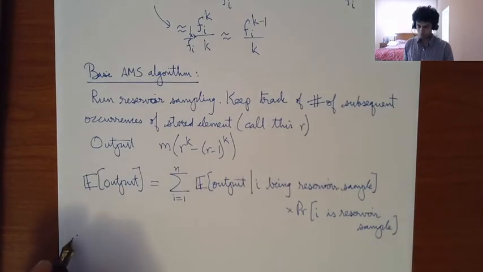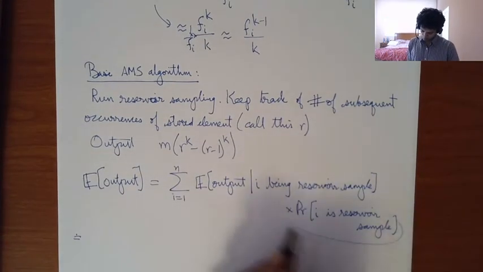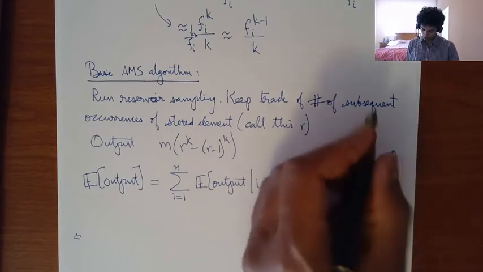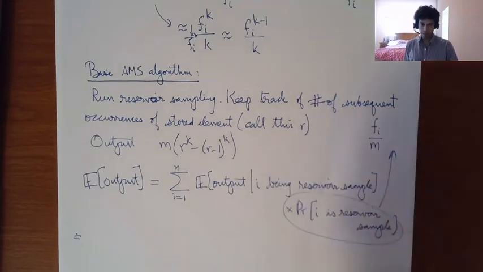By reservoir sampling, this we know is exactly Fi divided by n.